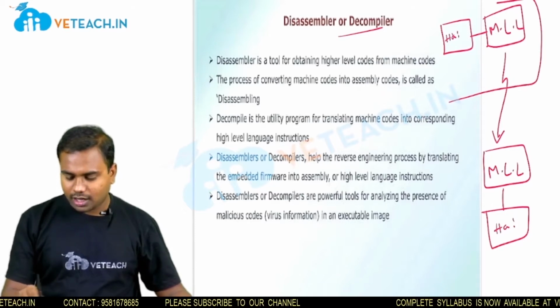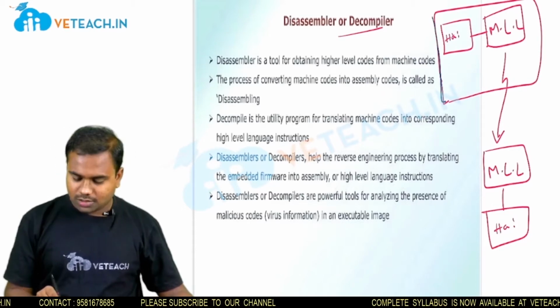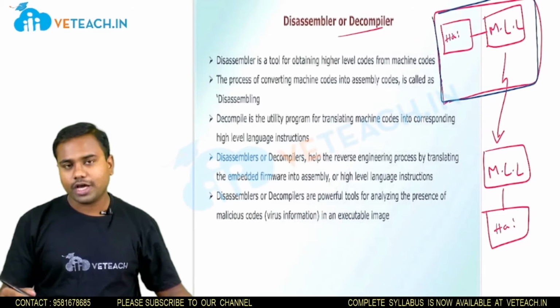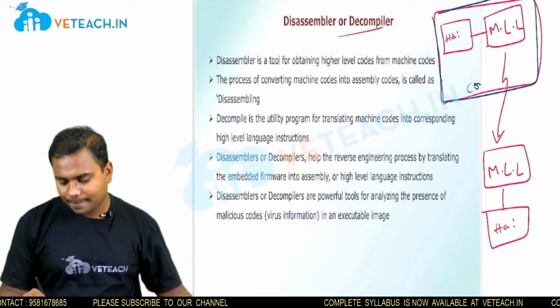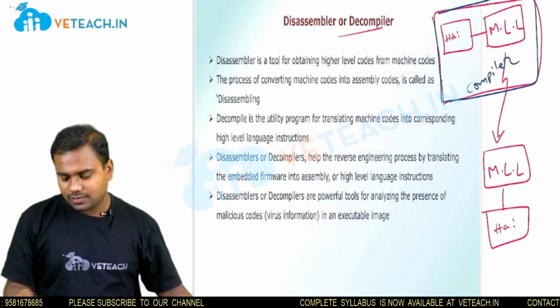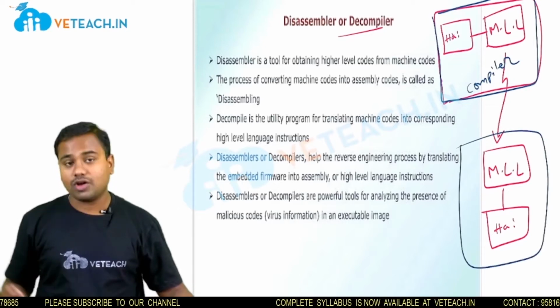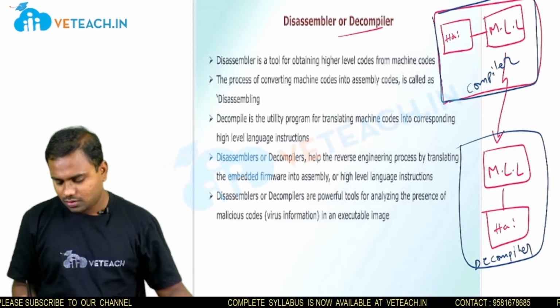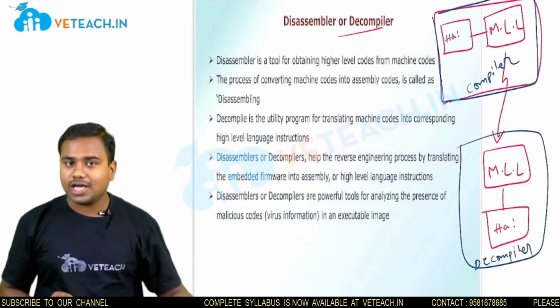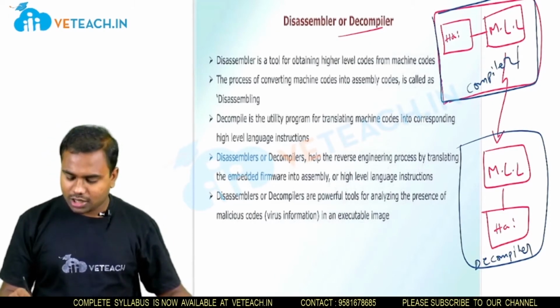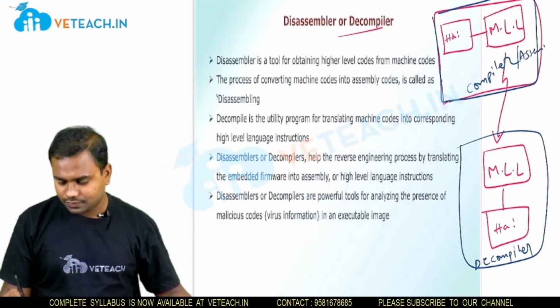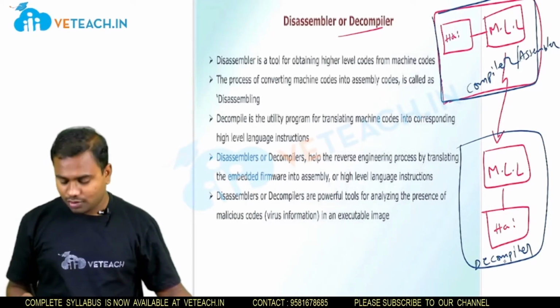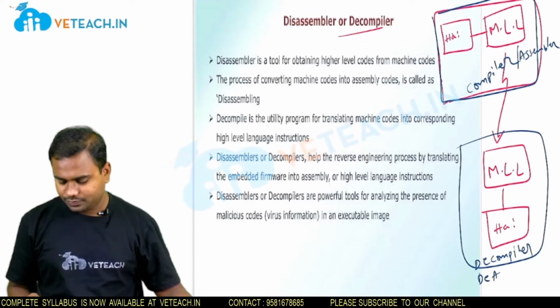Here the box I drew, we can consider as the compiler path, and this one as the decompiler. If we go to the deassembler, this one we can consider as the deassembler path.